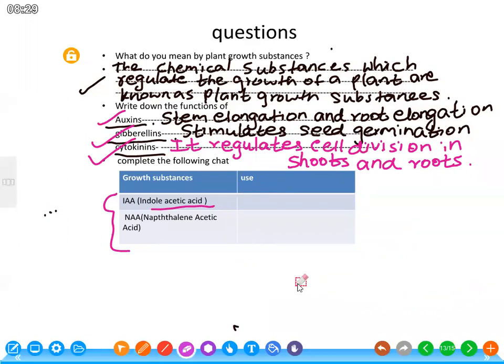Then NAA, naphthalene acetic acid, used to prevent premature fruit drop.